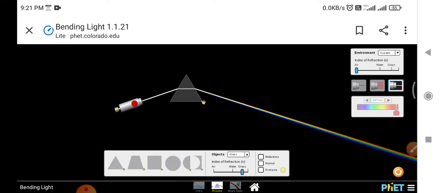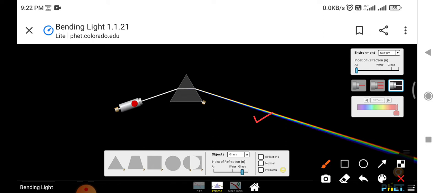So here I took a black background. When the white light passes through the prism, it is dispersed into 7 colors. The 7 colors are VIBGYOR, that means violet to red.